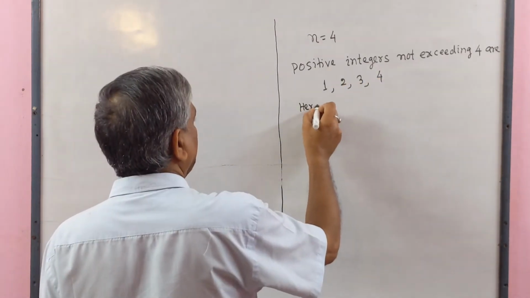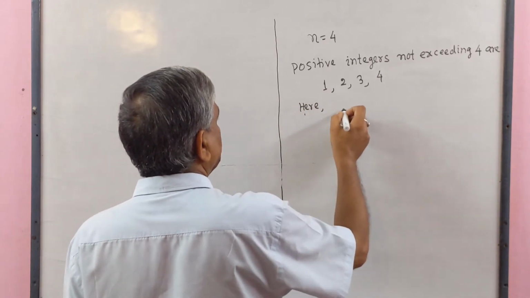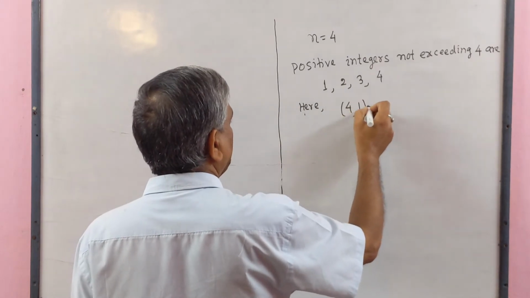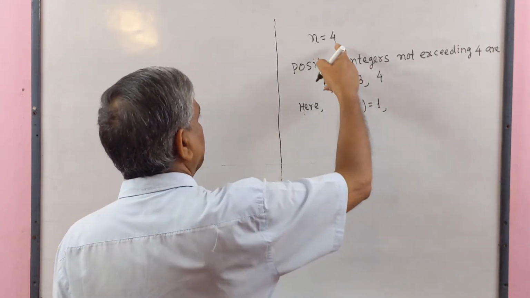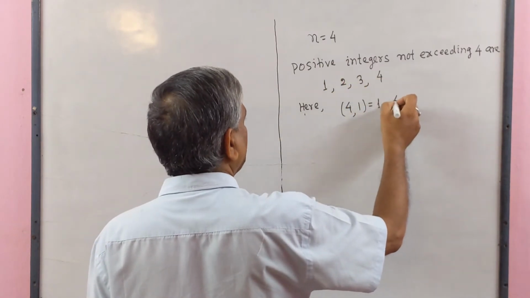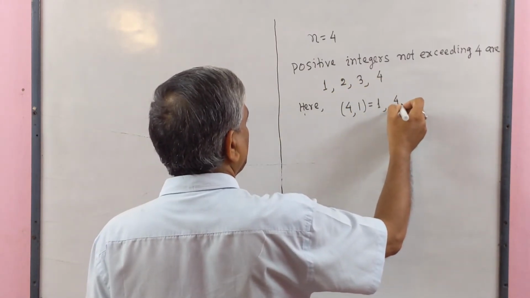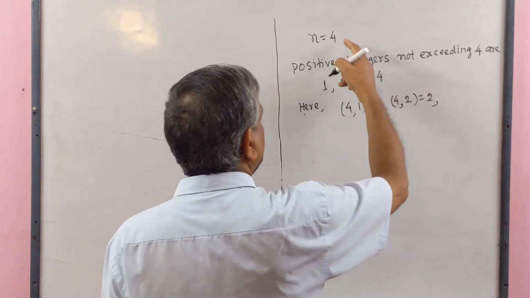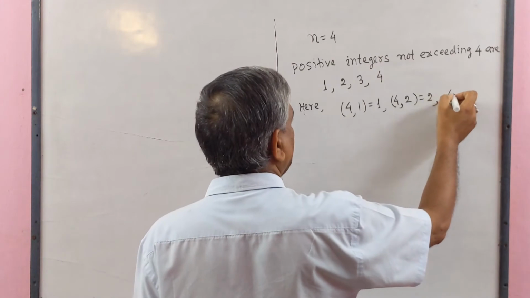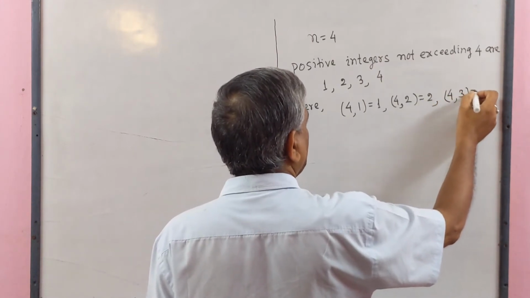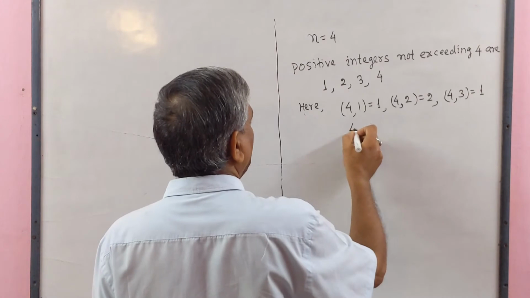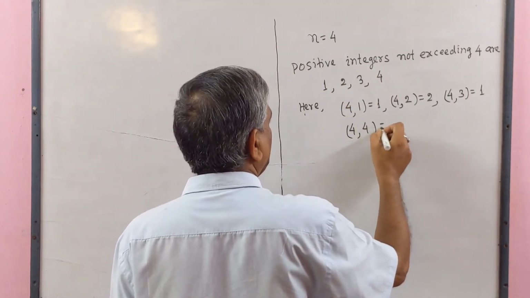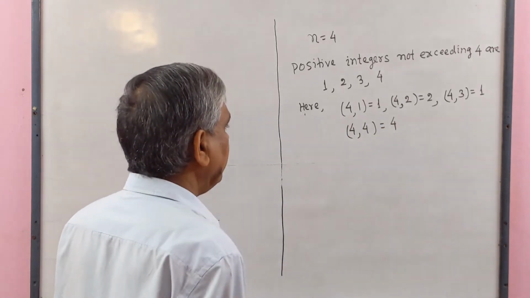Here GCD of 4 and 1 equal to 1. GCD of 4 and 2 equal to 2. GCD of 4 and 3 equal to 1. GCD of 4 and 4 equal to 4.